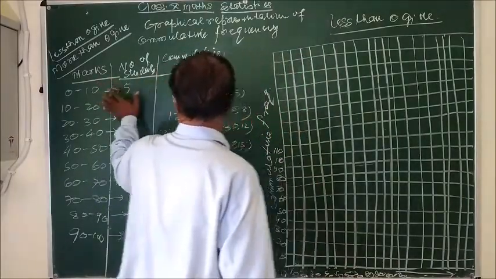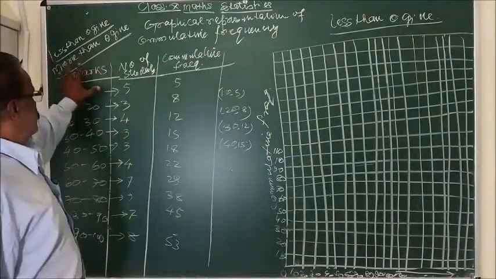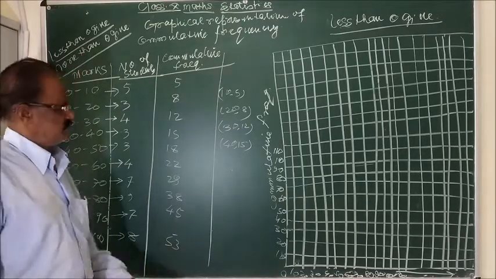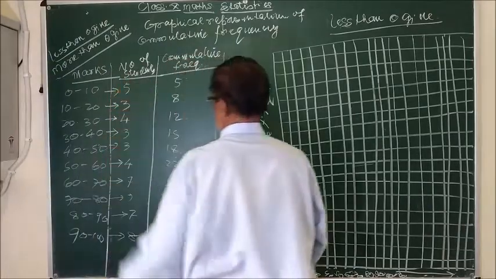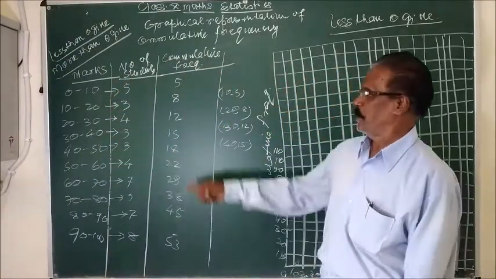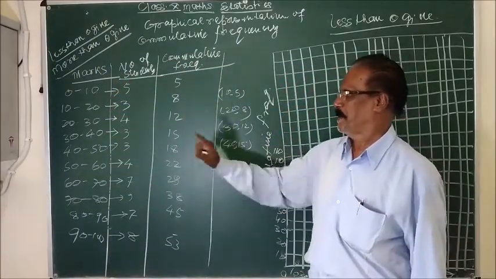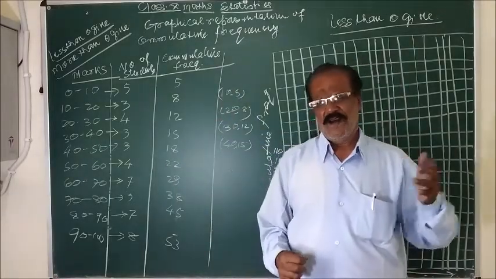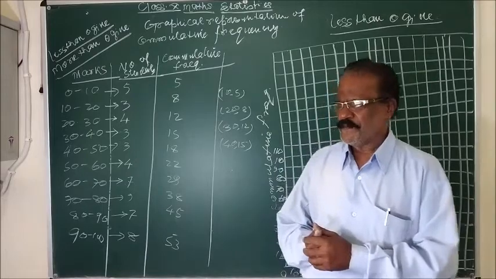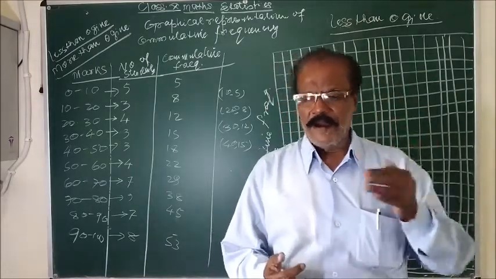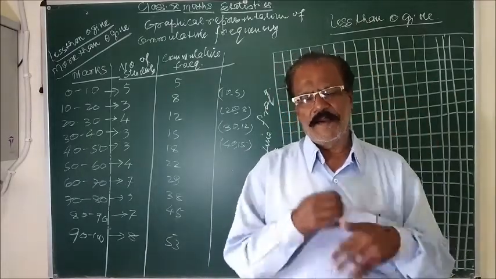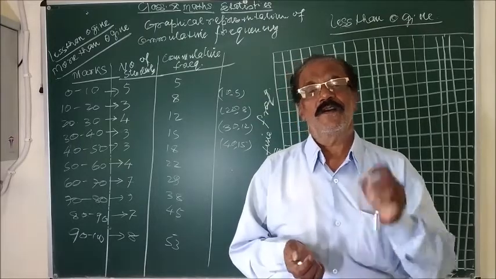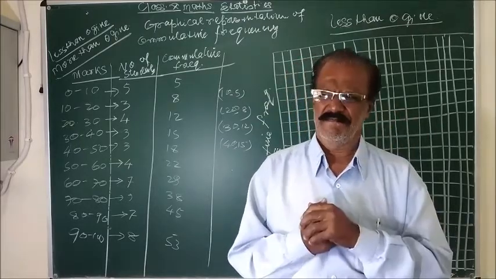Now you see this question. These are the marks obtained by the students, and this is the number of students, like this. Cumulative frequency, I have already explained. When we continue adding the frequency of just previous classes, that is called cumulative frequency.